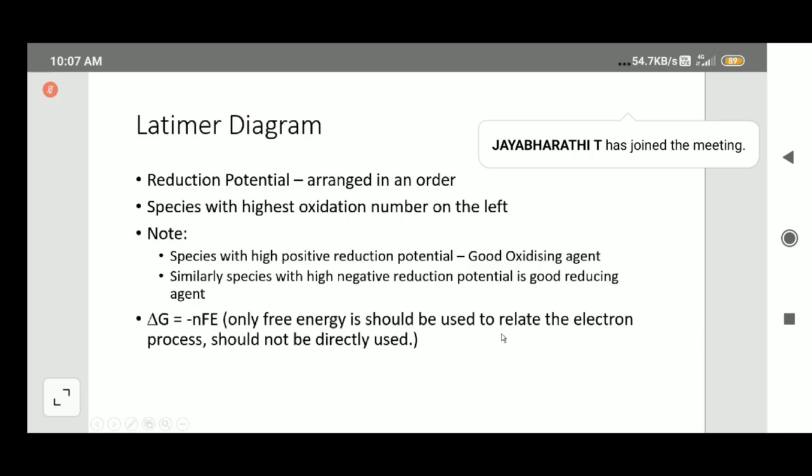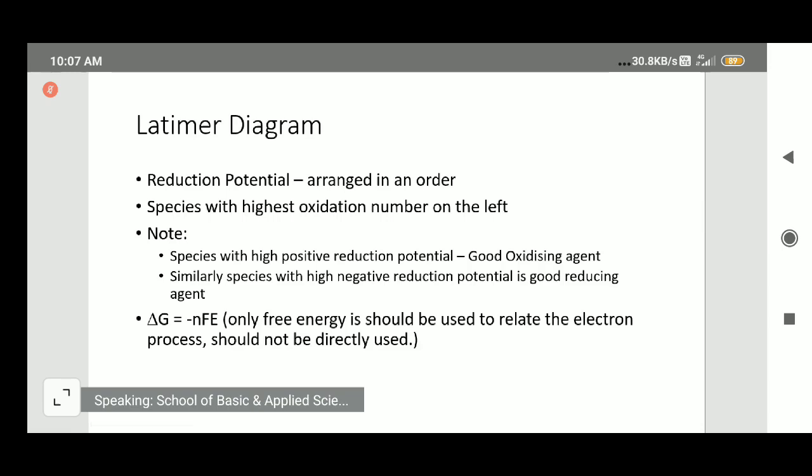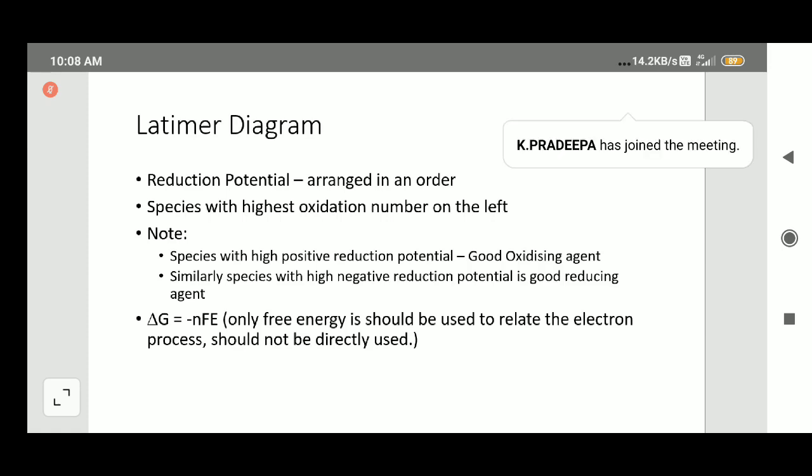Another thing you should also recollect and remember for these calculations involving Latimer diagram is delta G is equal to minus nFE. You remember this, you need not memorize anything. Delta G is the free energy change.